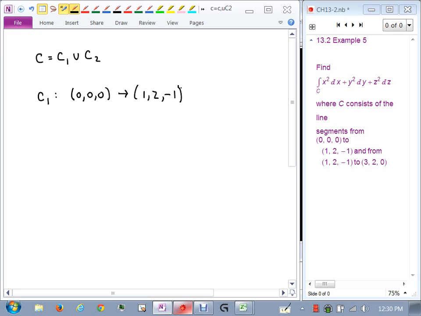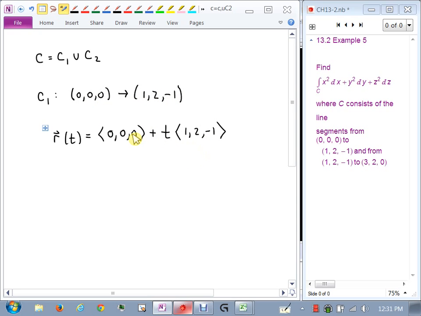Now, because it's a line segment, and because I just reminded you how you do line segments, I can come up with a vector function that will start off at (0, 0, 0) and move towards that other point. So the direction vector here is what? This is an easy one, right? (1, 2, -1). I'm going from here to here, so my direction is this minus this, and then the original point.